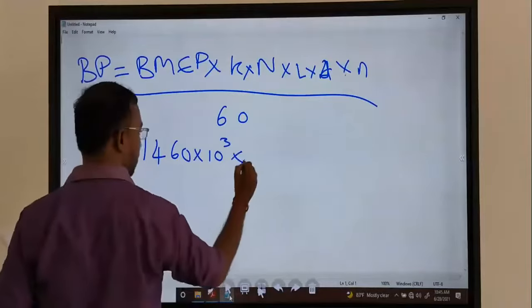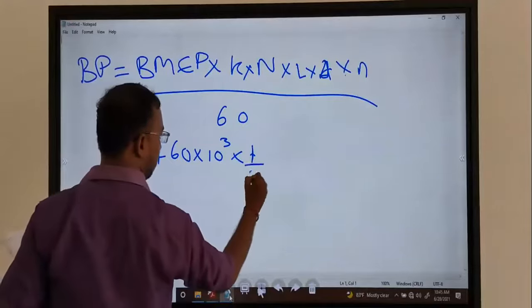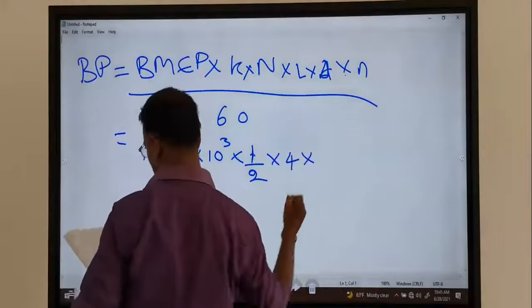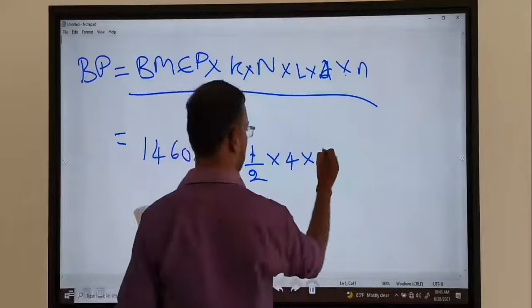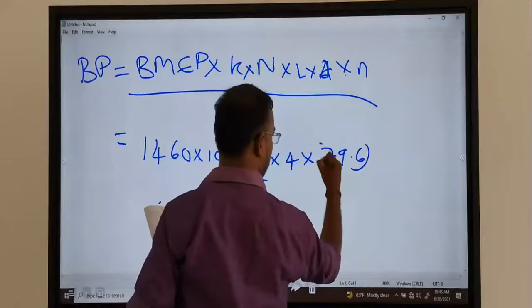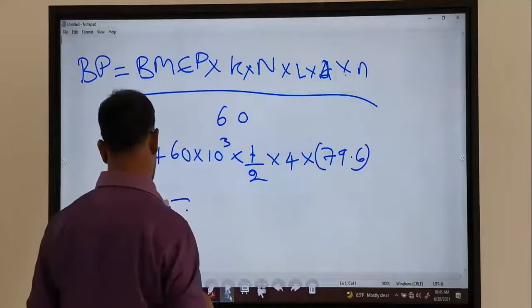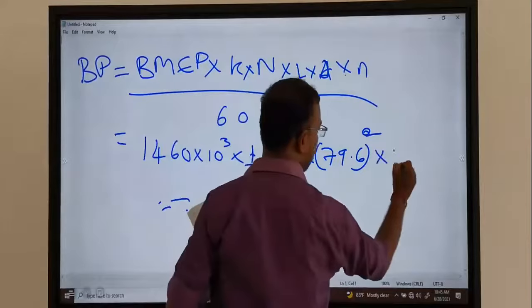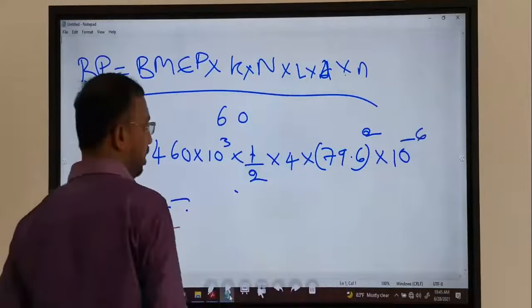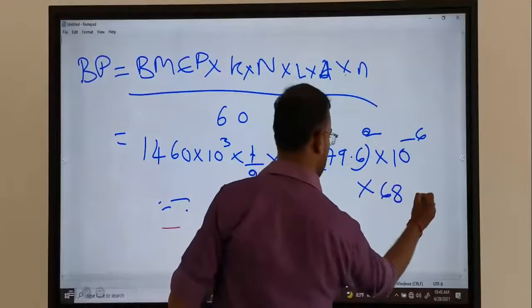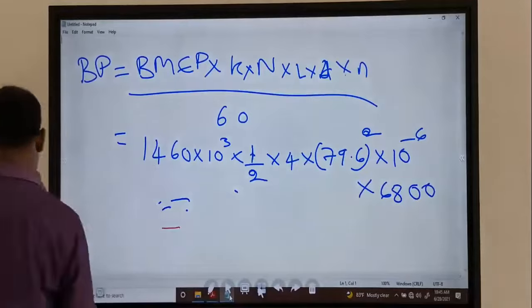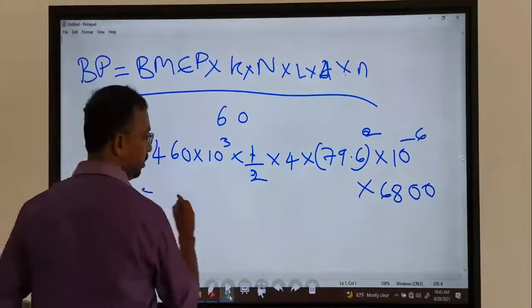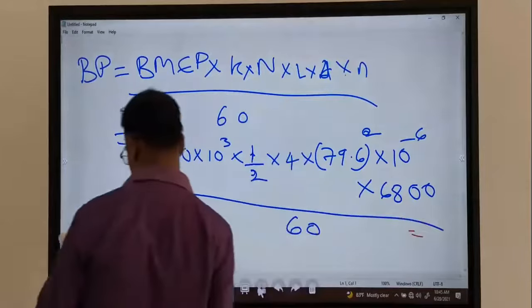So 10 to the power 3 we add, and here K is half, because it is a 4-stroke engine, and the number of cylinders is 4, stroke 79.6. Here the bore and stroke are the same values, so I put straightly into 10 to the power minus 6, and the crank RPM is 6,800, below 60.